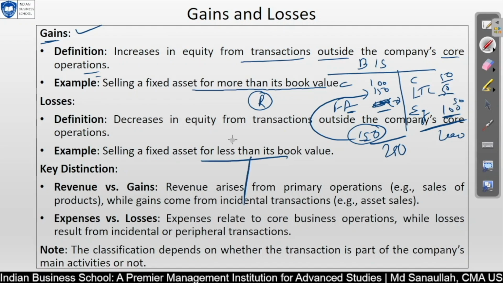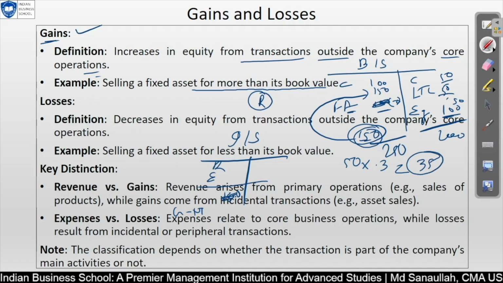This works in this way: income statement, revenue, expense, your operational results. Then after operational, you have other non-operational items, and you will book the gain net of tax. So maybe 50 is your gain, and if your tax rate is 30 percent, after deducting tax of 15, 35 is your gain.